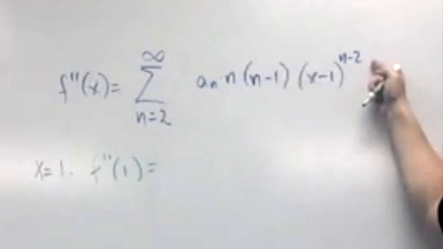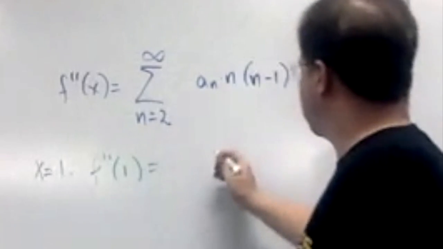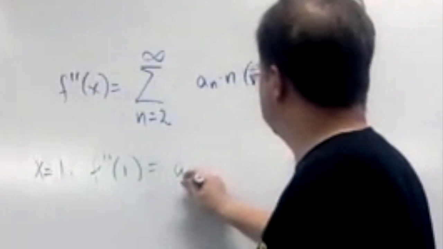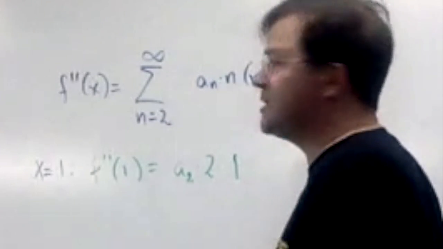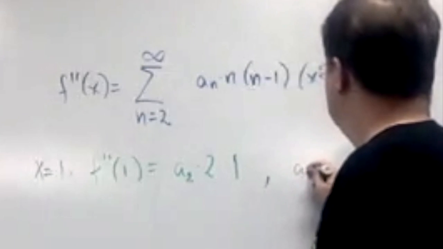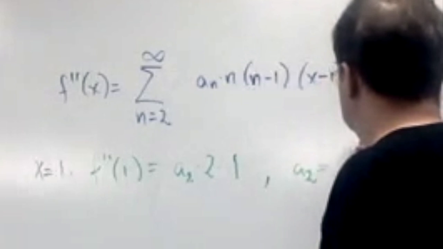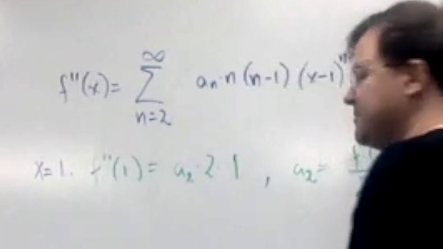That is to say, when n equals 2. That's the first term, and the first term would be a sub 2 times 2 times 1, or 2 times 2 minus 1, I should say. So a sub 2 is equal to f double prime evaluated at 1 divided by 2 times 1.